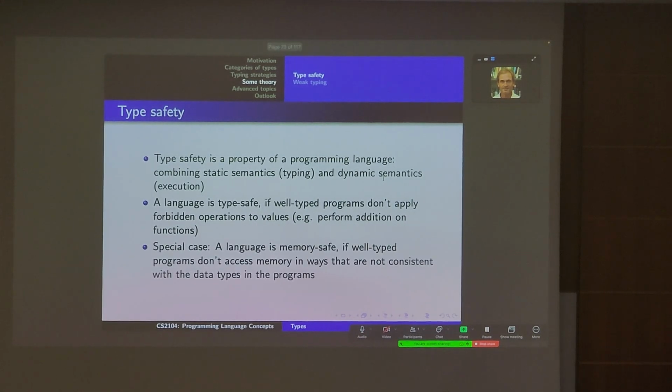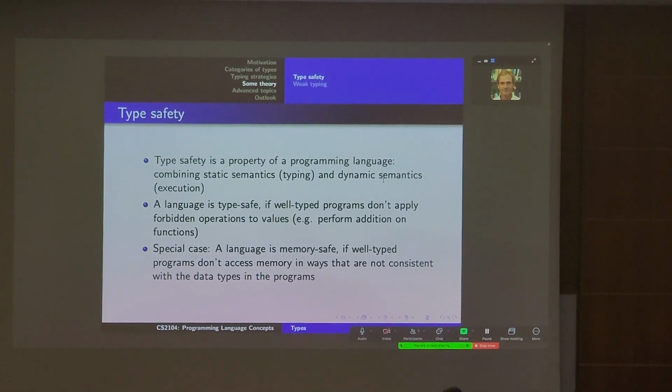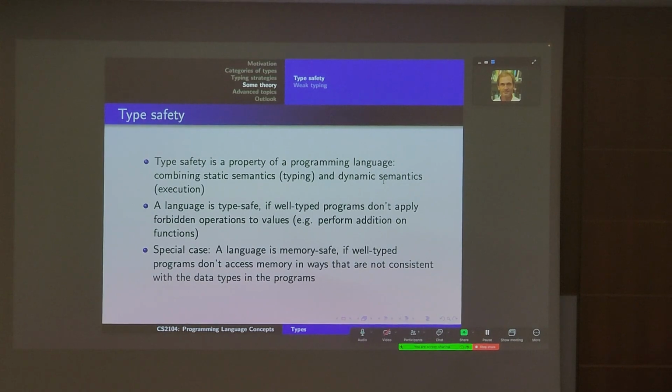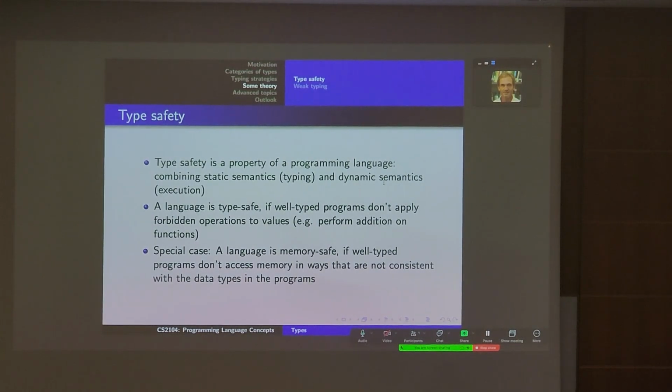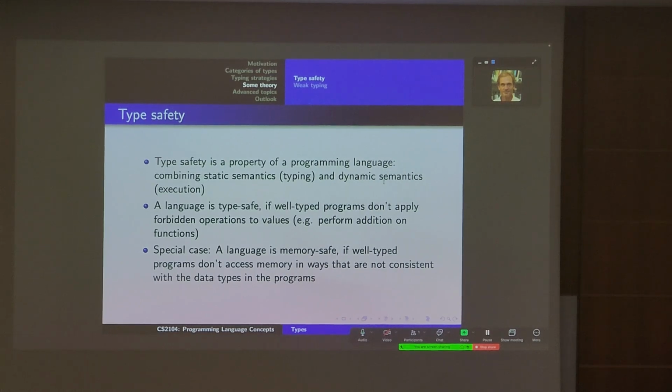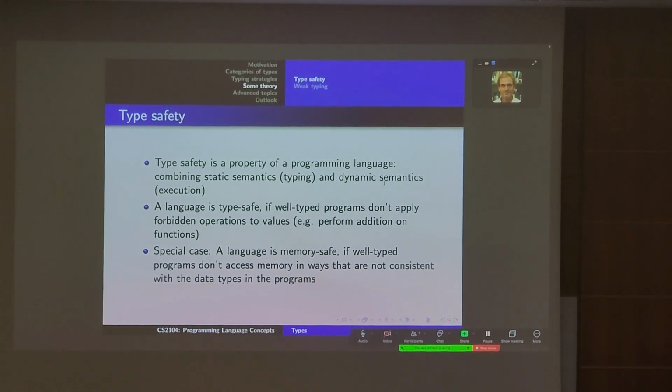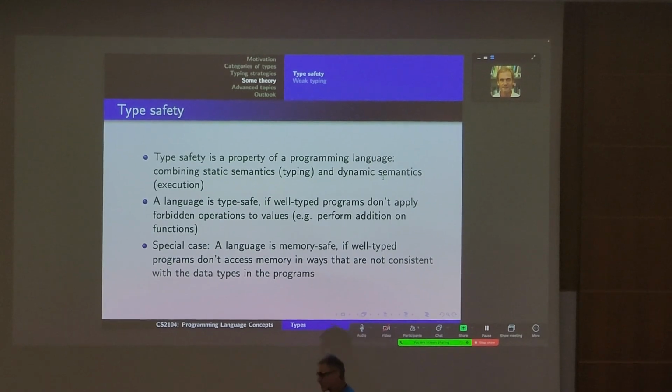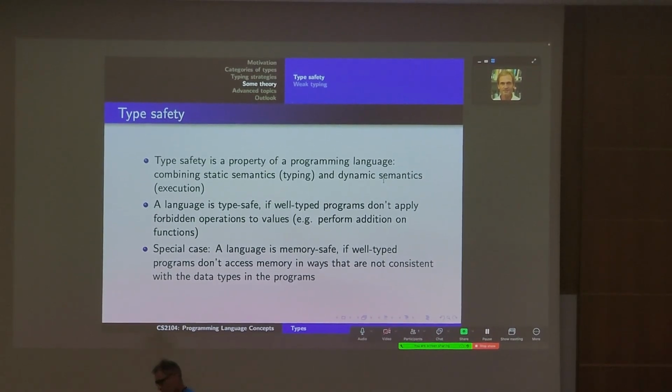And a special case of type safety is memory safety. So if well-typed programs don't access memory in ways that are not consistent with the data types in the program, then we have achieved something. We have systematically prevented a certain class of runtime errors using a type system.